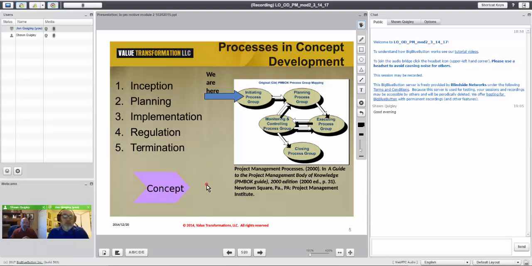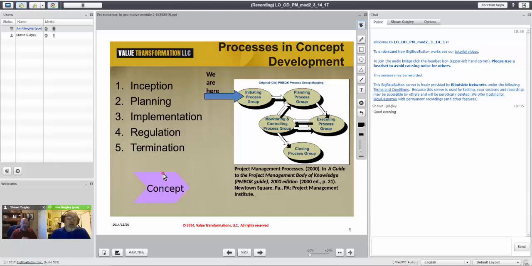Make sense? But isn't it true, John, that most of these, even though like with the gate process, they do overlap in such a nature that you are actually in the next phase before the previous phase is done? Yes. In fact, some of the objectives of your concept phase should be things that allow the next phase to proceed.